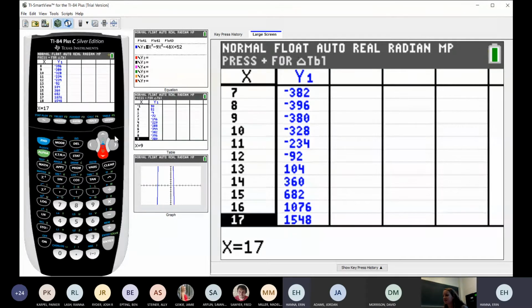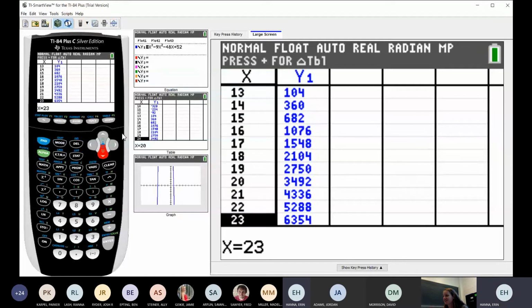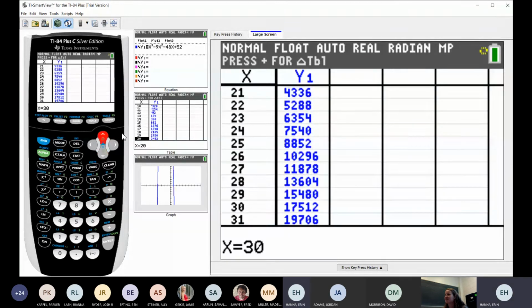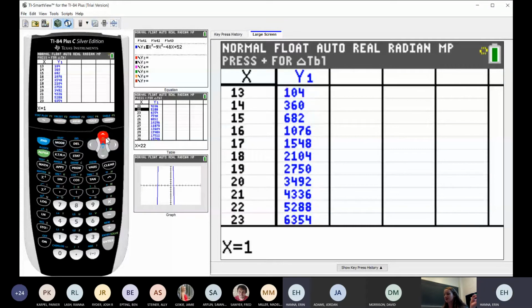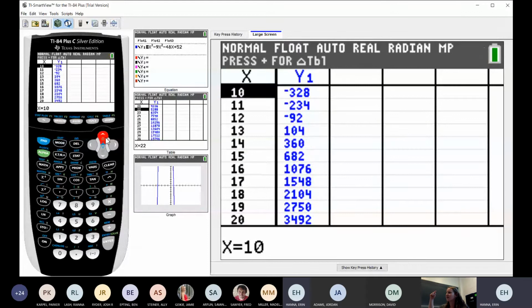I've clicked too much, but we'll just let it go. If you have values that are relatively close to 0, you can use your calculator that way. Anastasia, I pressed second, the button all the way on the left, and then the graph key. So second graph will bring you to the table.